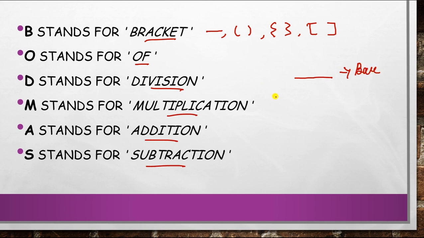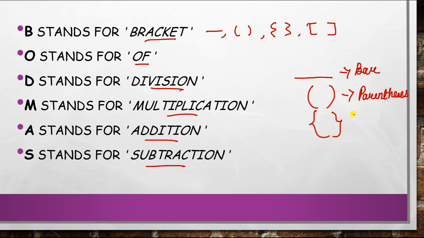Then another one is parenthesis. We had learned all about the brackets, but I am revising with you again. So this parenthesis is this one. The next one we have is this.